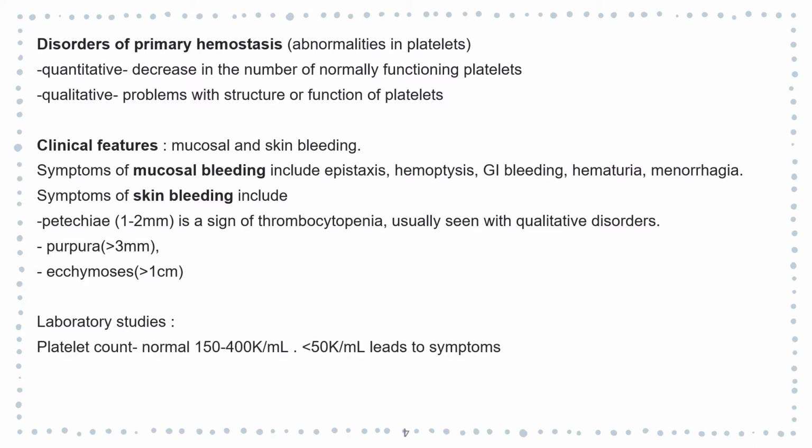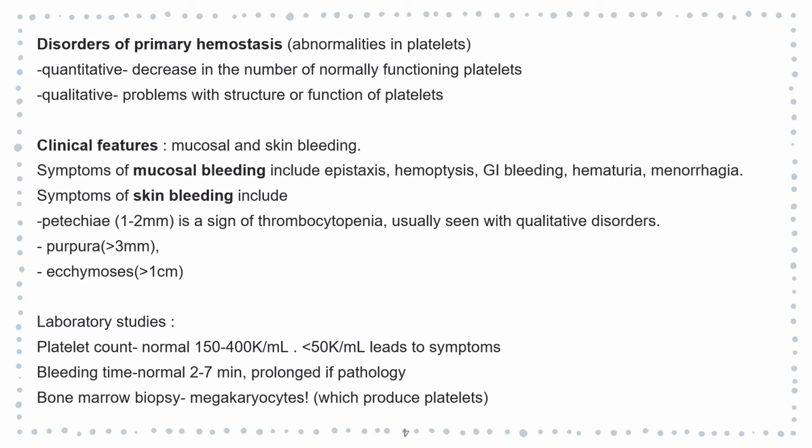Laboratory studies show the platelet count is decreased; when it's lower than 50 thousand, it leads to symptoms. Bleeding time is prolonged if pathology occurs. Bone marrow biopsy shows megakaryocytes because they produce platelets, so it's like a protective reaction of the organism. If the organism has a decreased number of platelets, of course it will try to produce more.